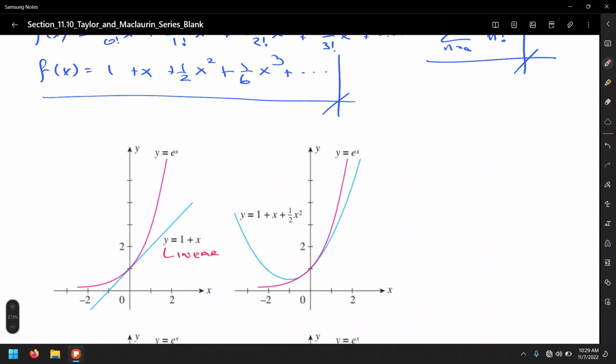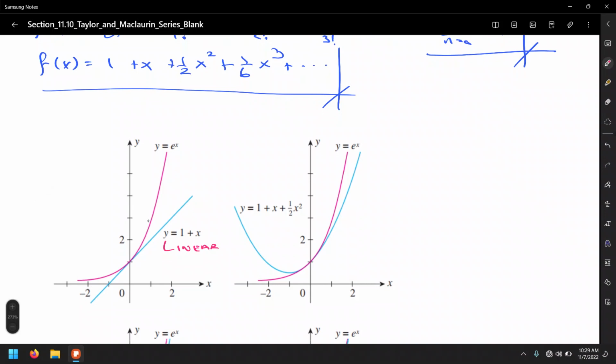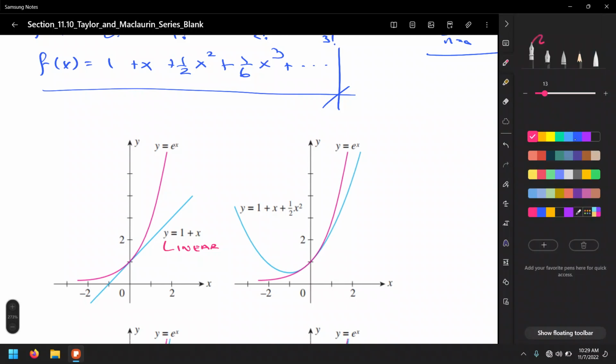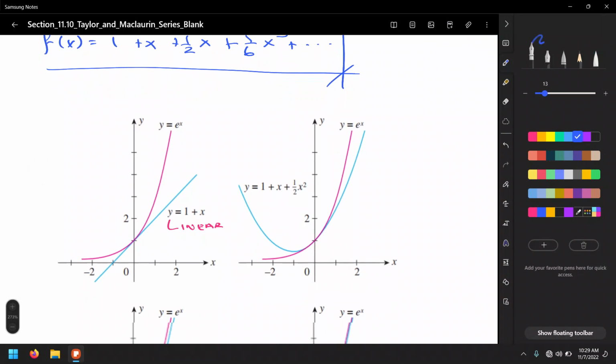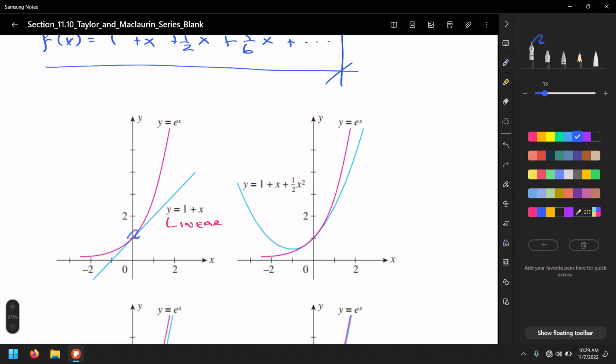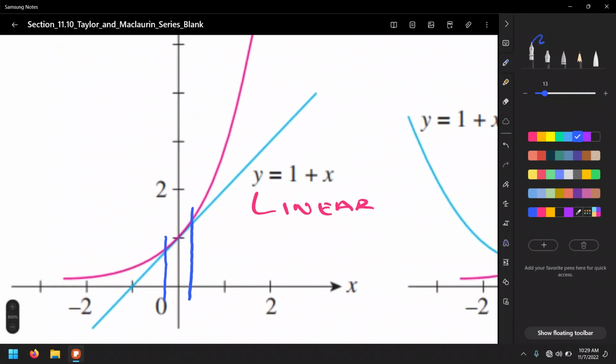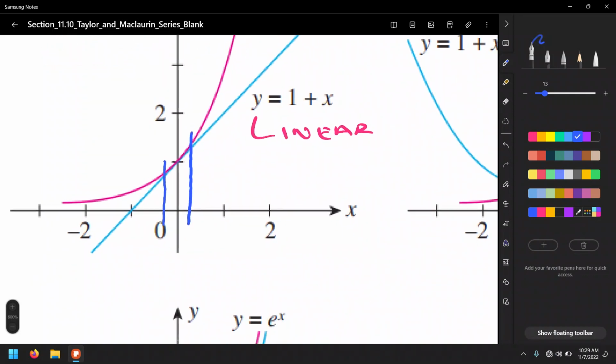Linear, and then what do we have? We have the graph of the original function e to the x and its linear approximation centered at 0. So if we use the linear approximation, we could use it to evaluate, well, check this range of values that I am highlighting here.